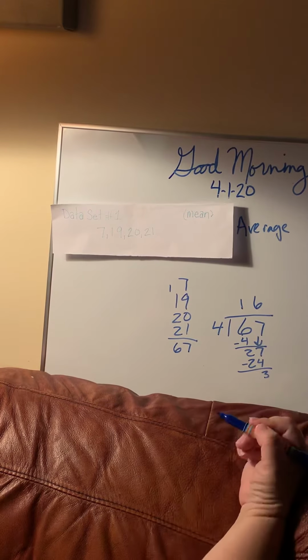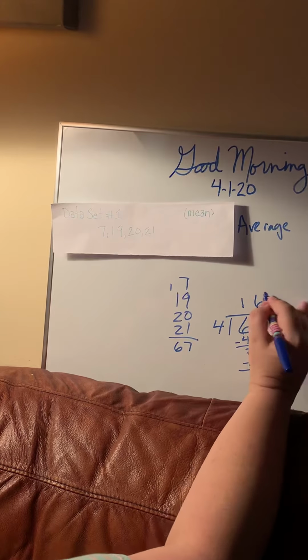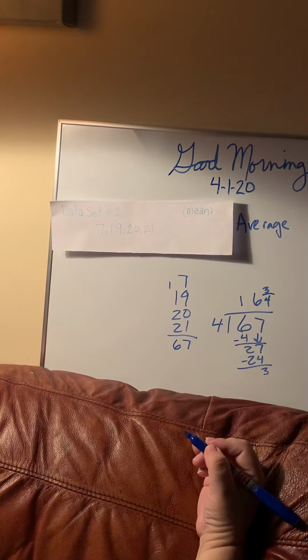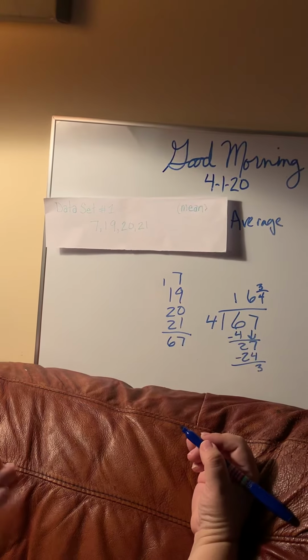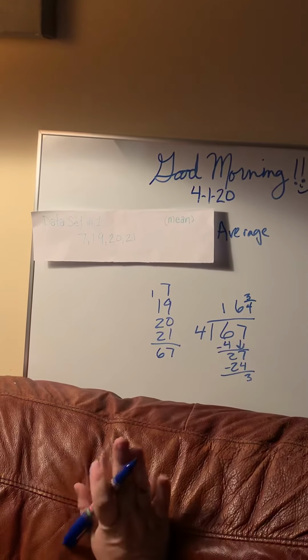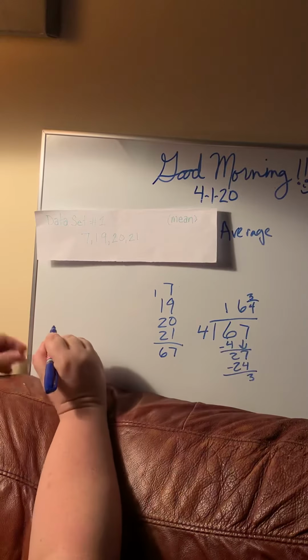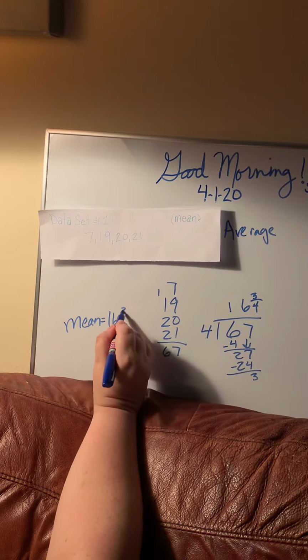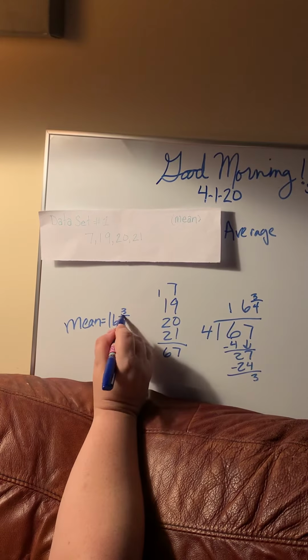We're left with a 3. Okay, you can either put that back over the number you're dividing with, or you can turn it into a decimal. In this case, I'm just going to leave it as a fraction because that's fine. So our mean or our average for this set of data is 16 3/4, okay.